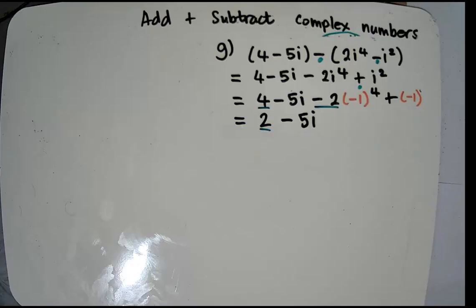So we have 4 minus 2 is 2, minus 5i. Here we're going to get -1. Okay, so we're going to have -1. So plus -1 is -1. And so we're going to get 1 minus 5i.